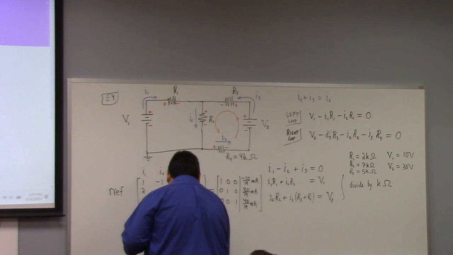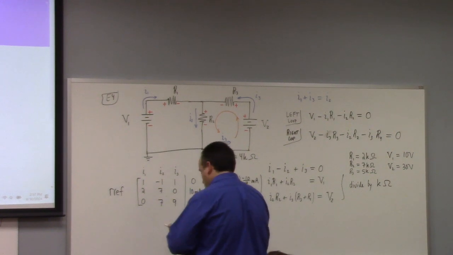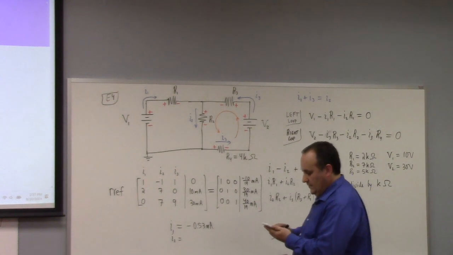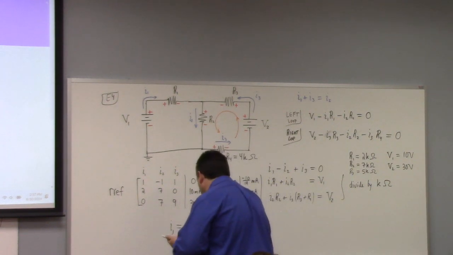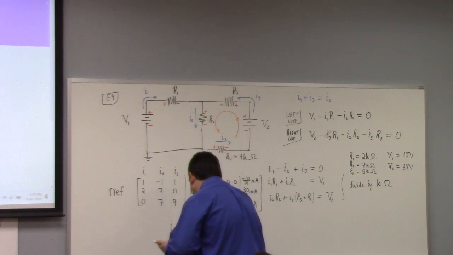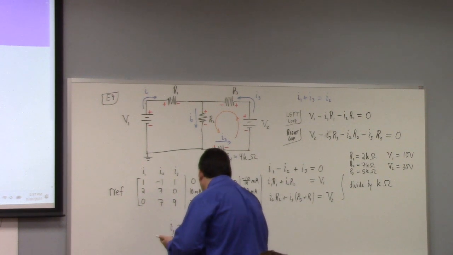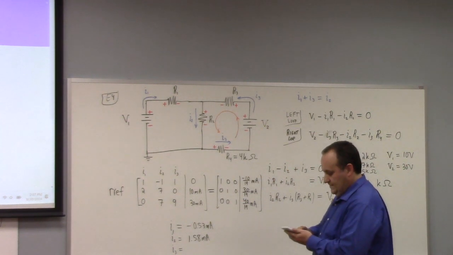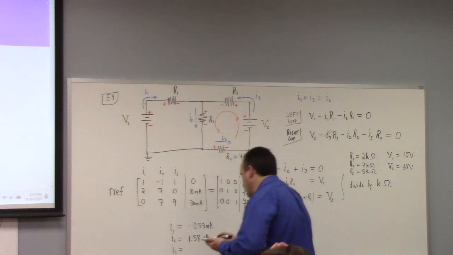And I2 is 1.58 milliamps, something like that. And I3 is 2.11.